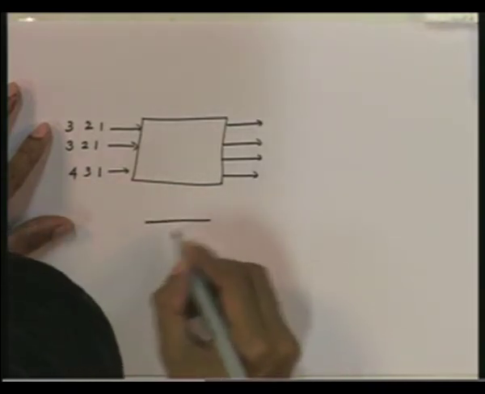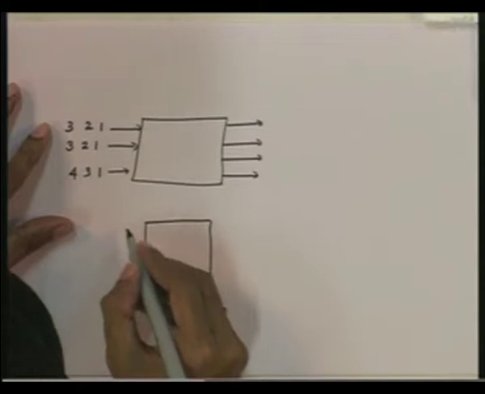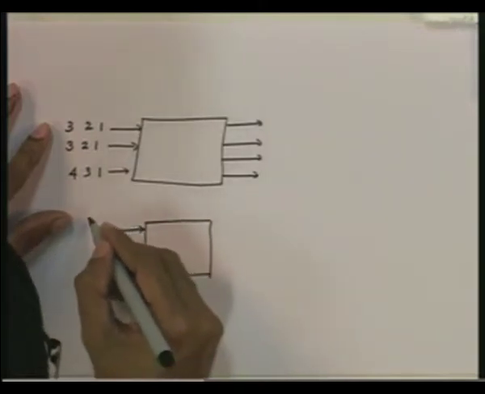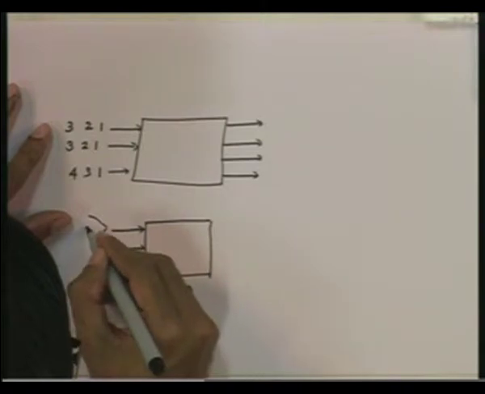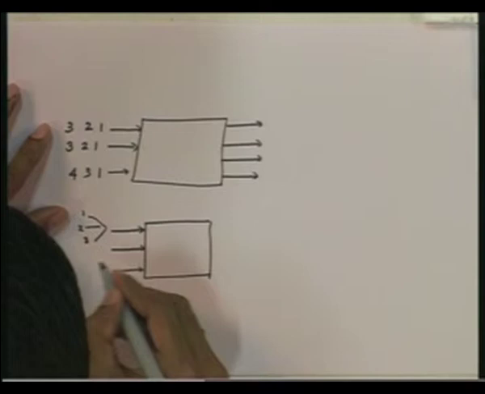So what you do is that instead of having an input queue like this, you actually have a queue per output port. So this is a queue per output port.